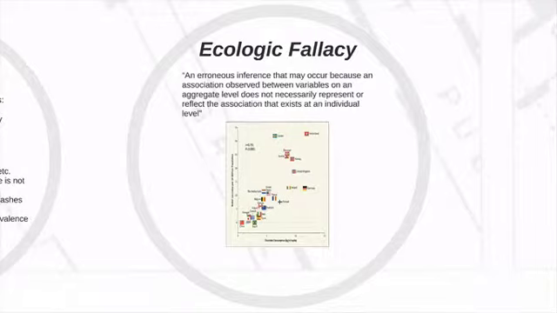So you're not finding that the individuals who eat a lot of meat are the same individuals who are dying from cardiovascular disease. In fact, if we look within our groups, it could be completely different people. So you just need to be really careful when interpreting data from ecologic studies to individuals, because we don't know that these two things occurred within the individual.